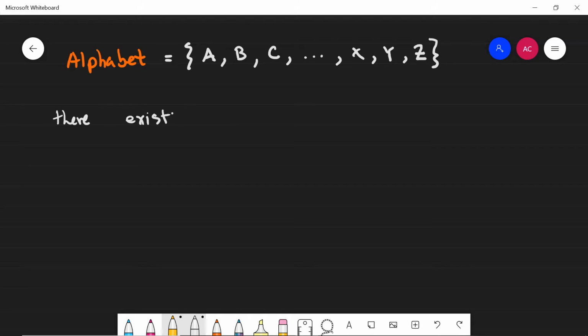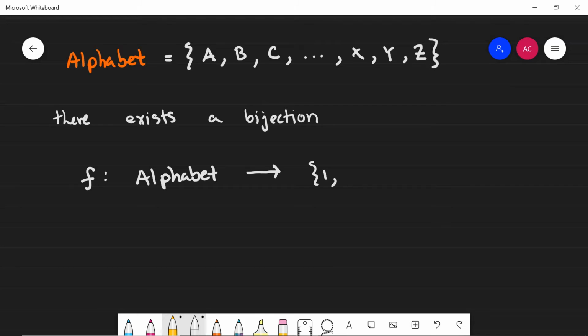Let's call this bijection f. The domain of this bijection is going to be alphabet, and it's going to map it to the set 1, 2, 3, all the way until I get to 24, 25, 26.